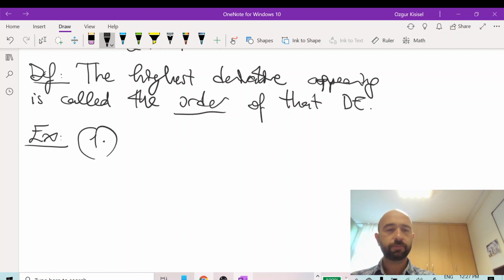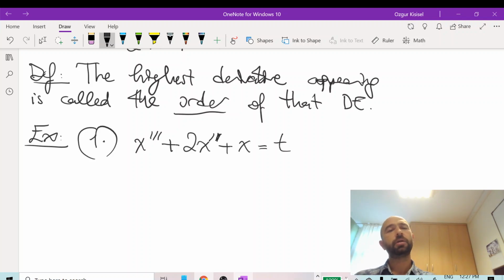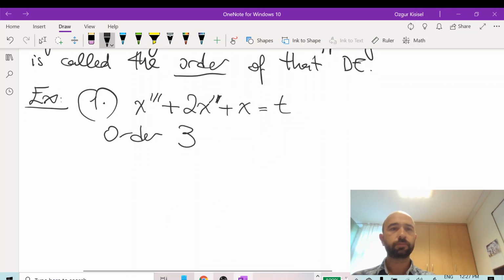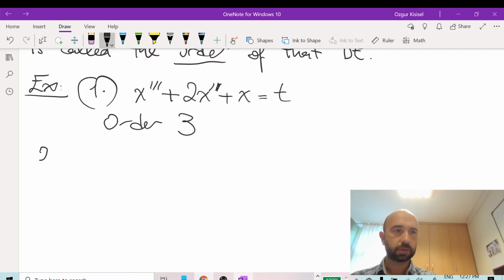So let's say x prime prime prime plus 2x double prime plus x equals t, something like that. Here, this is order 3 because you have 3 derivatives on top of x and no more. But there is some possible confusion.